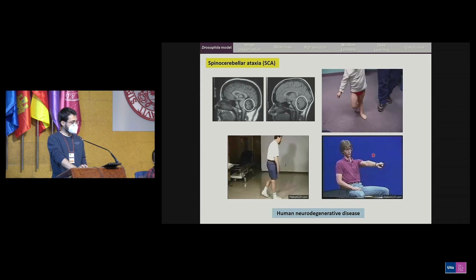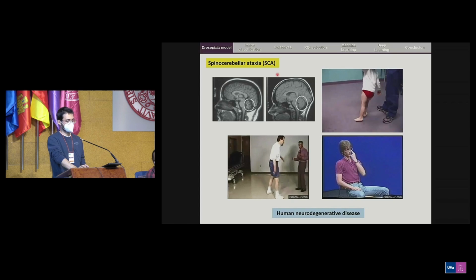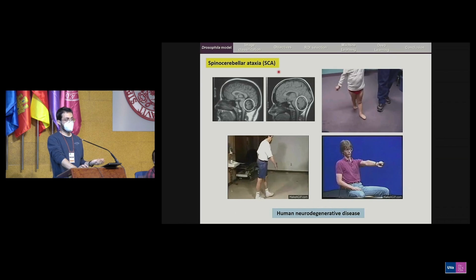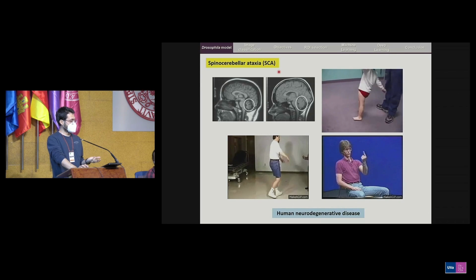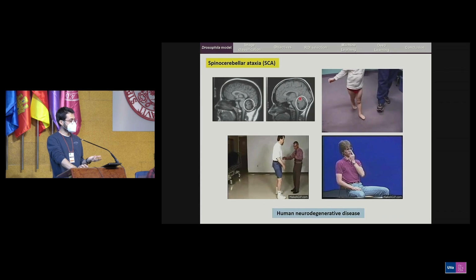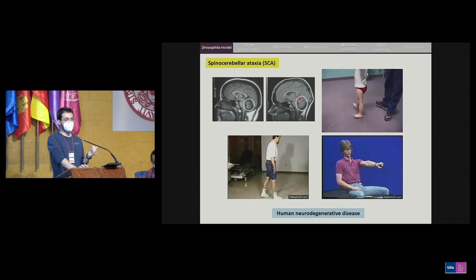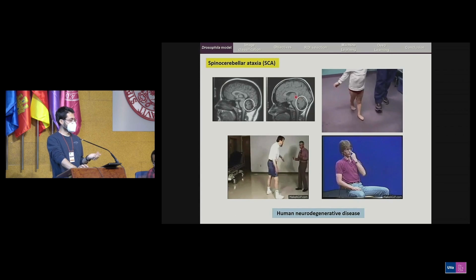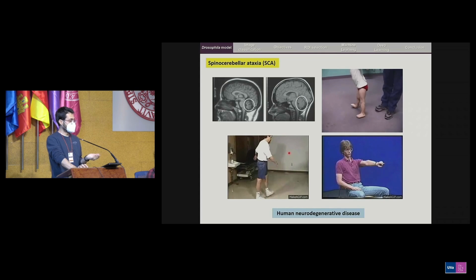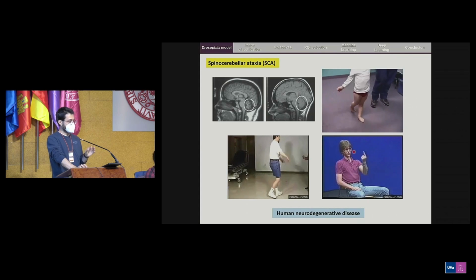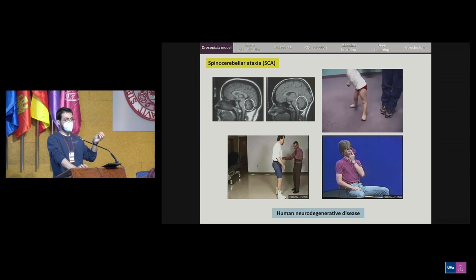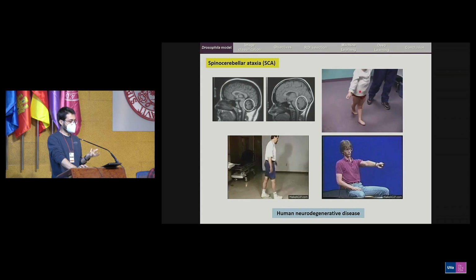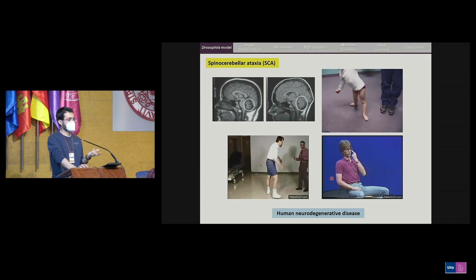One of these diseases is the spinocerebellar ataxia. This is a genetically inherited disease, which basically is related to loss of mass of gray matter in the cerebellum of the patients. So in the end, they have motor impairment, they have weak fine motor skills, they lack coordination, and it is a neurodegenerative disease.